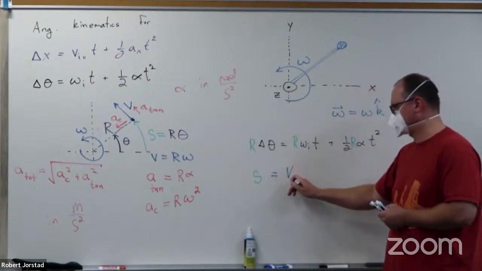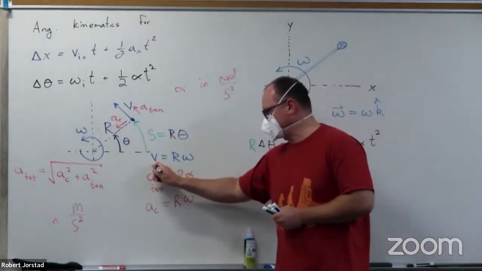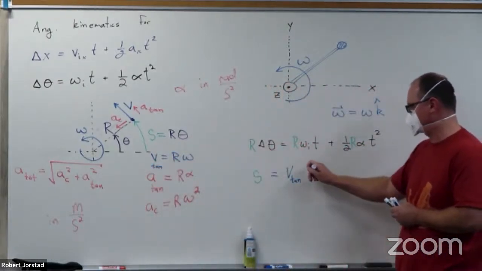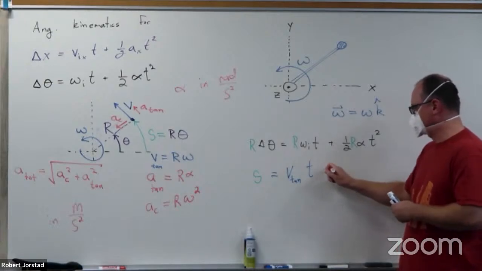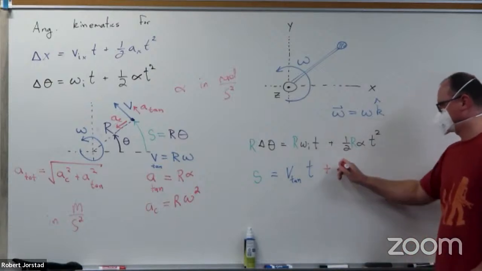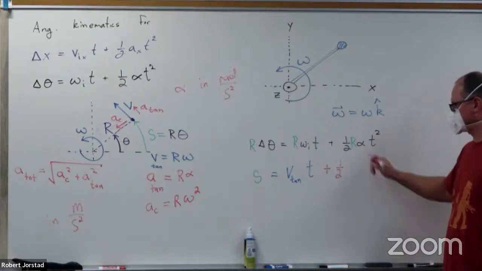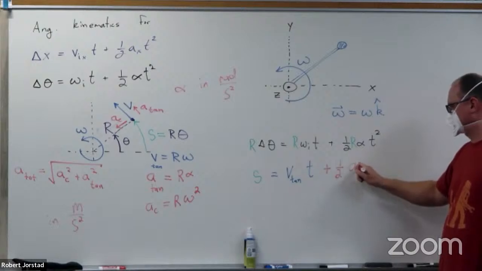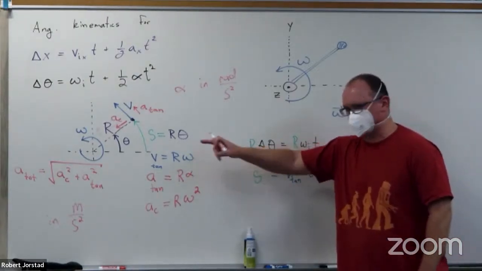Velocity. Sometimes people will write tangential velocity, just like it matches up to this tangential acceleration. Sometimes people will put a subscript tan on that. And then what's R alpha? It's not your alpha, it's R alpha, it's A10. R alpha is A10.